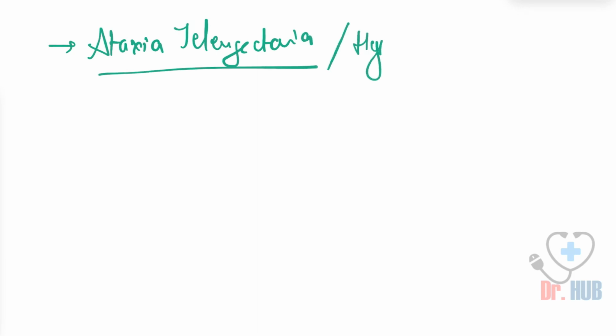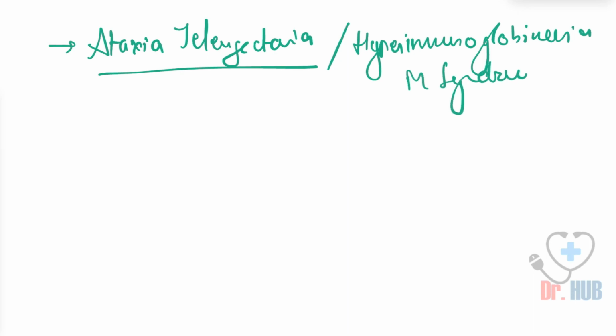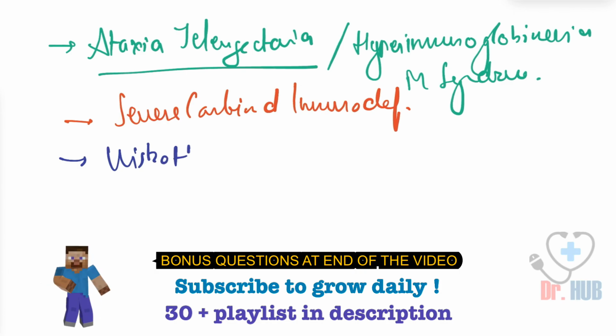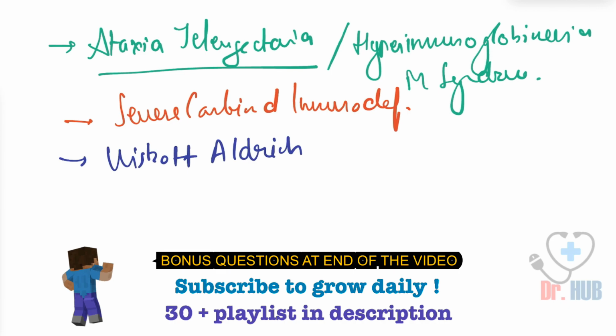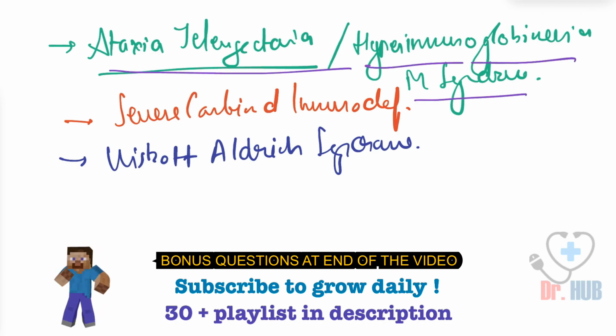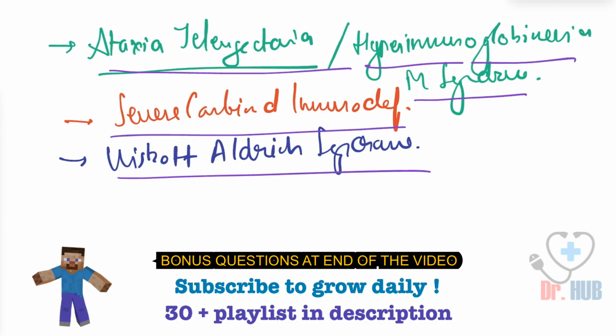The disorders associated include ataxia telangiectasia, then hyperimmunoglobulinemia M syndrome, then the severe combined immunodeficiency, as well as the Wiskott-Aldrich syndrome. So just to recap, the combined humoral and cellular immunity, which includes the B and T cells, includes ataxia telangiectasia, hyper IgM syndrome, severe combined immunodeficiency, as well as Wiskott-Aldrich syndrome.